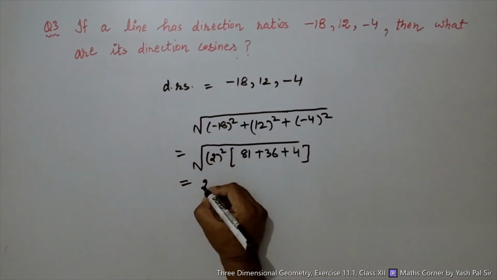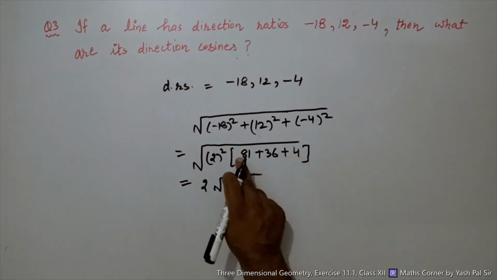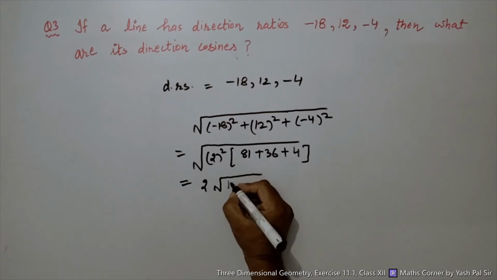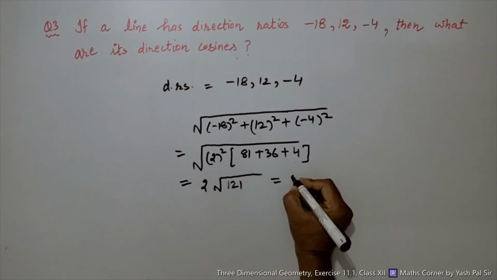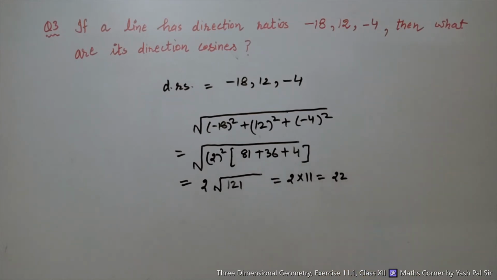So this way we have 2 square root of 40 plus 81, 121, that means 2 into 11 is equal to 22.